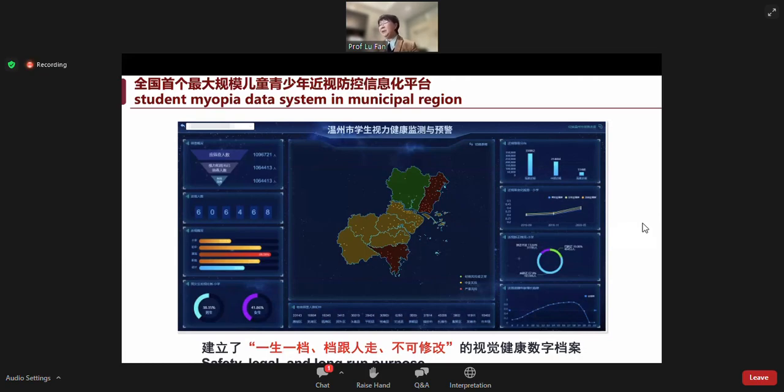It is meanwhile improving according to the feedback. So far, so well. In addition to myopia information, we hope to have other ocular health information and systemic health information as well in the near future. And it can be used for the kids' lifelong use.